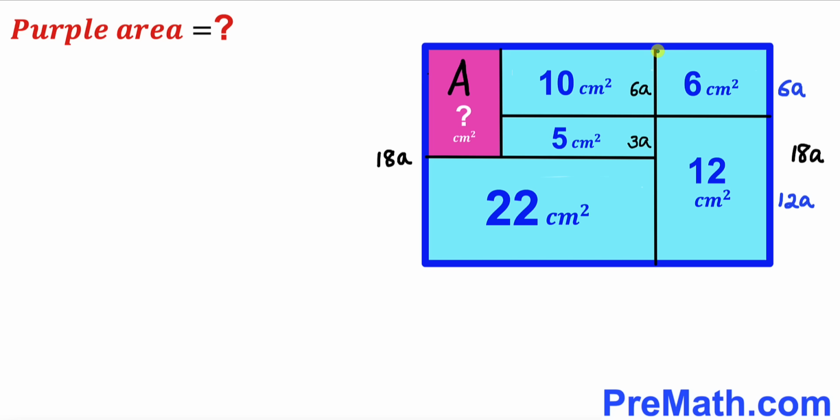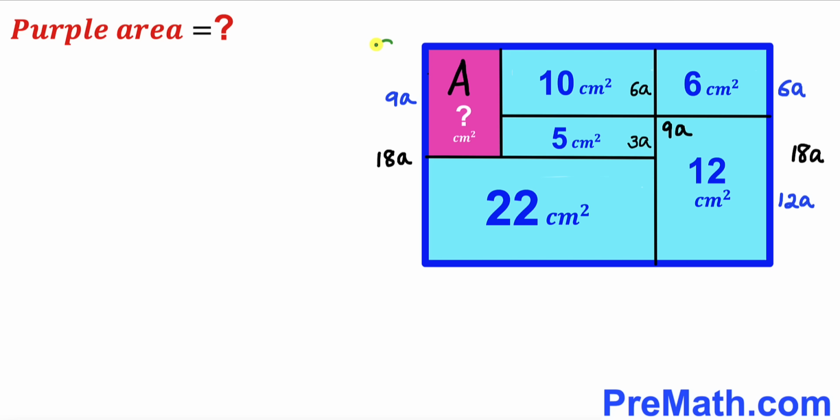Now let's make an observation. We can see that this whole total length is going to be 6A plus 3A, which makes it 9 times A. This side must be equal to this side. If this side is 9 times A, then this side is going to be 9 times A as well.